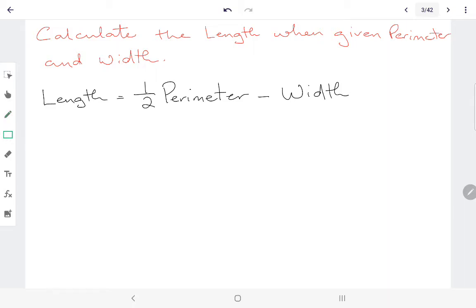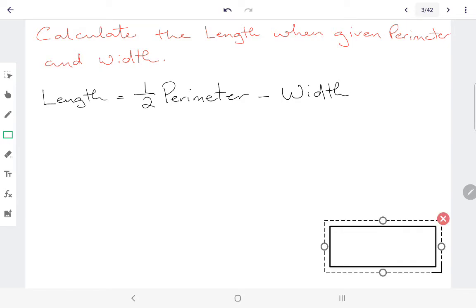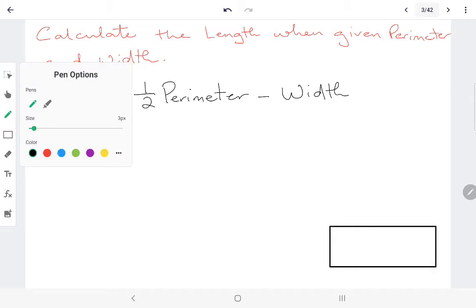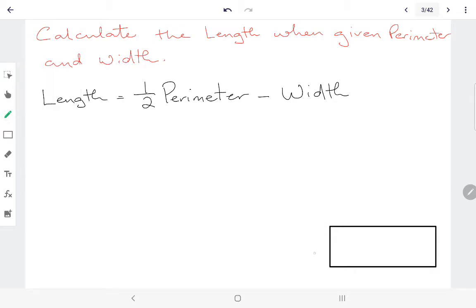So using the example, we know the perimeter of this rectangle, going back to the ones before, we know the perimeter is equal to 34 centimeters and the width is equal to 5 centimeters.